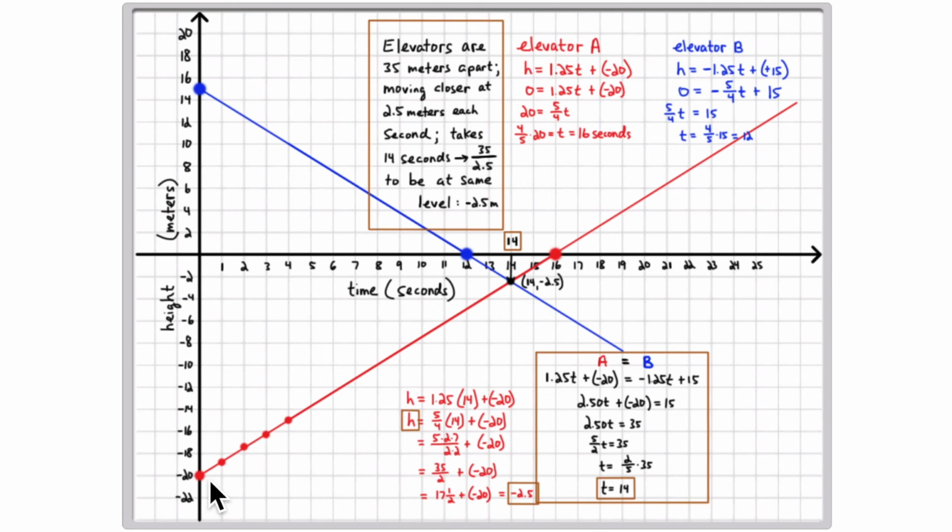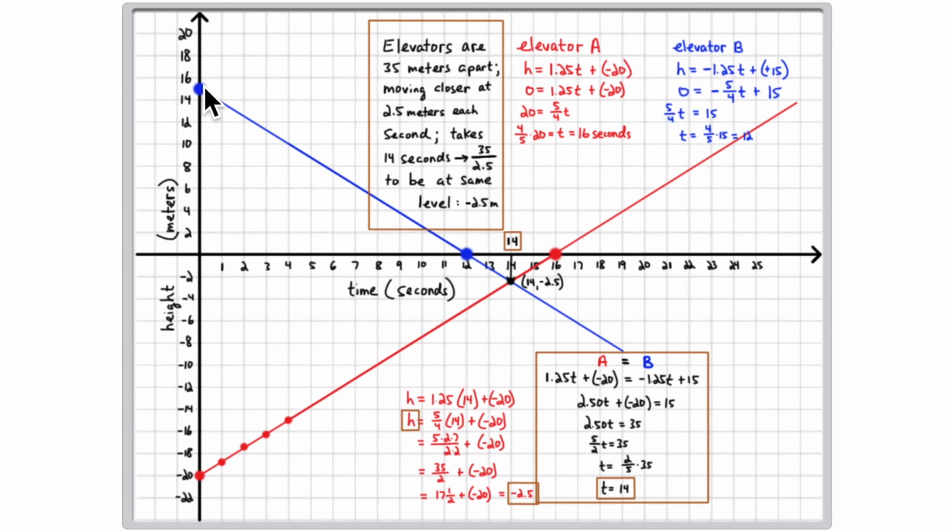So it's a negative 20 meters for elevator A to go from its height, negative 20, to ground level. But when they pass, this elevator only has to travel 17.5 meters. That's 17.5 right there. So plus the negative 20. So it's this negative 20 plus 17.5. That gets that elevator to a negative 2.5 meters.